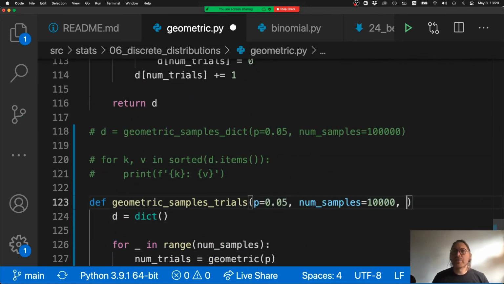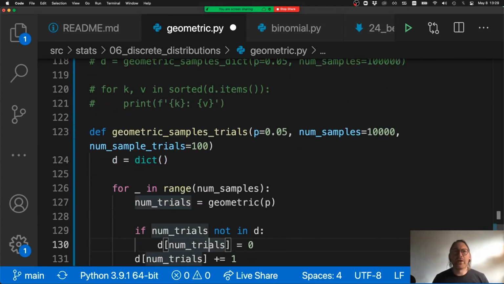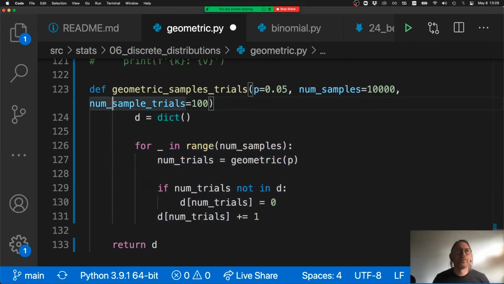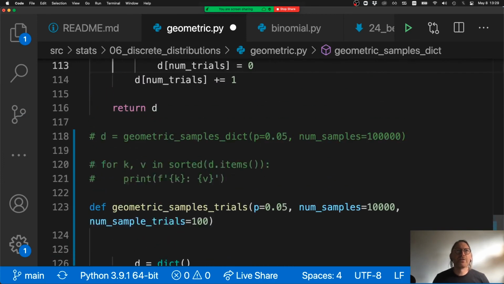So number of samples and number of sample trials. And let's set that at, I don't know, let's set it at 100 just to be kind of fair, kind of nice. All right, so for whatever in range, number of samples. Okay, so this is going to be sort of an internal loop. Although we don't need all of this, right?